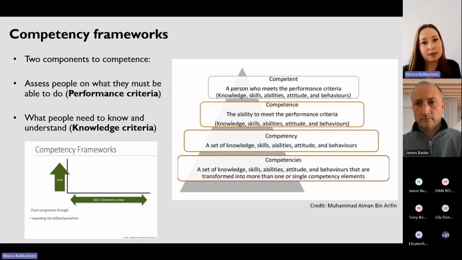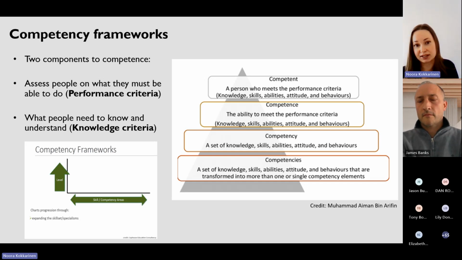So for competence, which is what our scheme will be assessing chartered architectural technologists against, there are two components to this. So one are the knowledge criteria, so what someone has to know and understand, and then also the performance criteria as to what they need to be able to do.